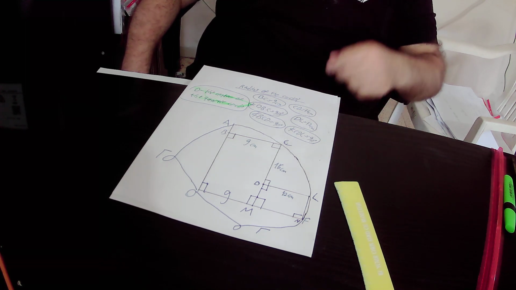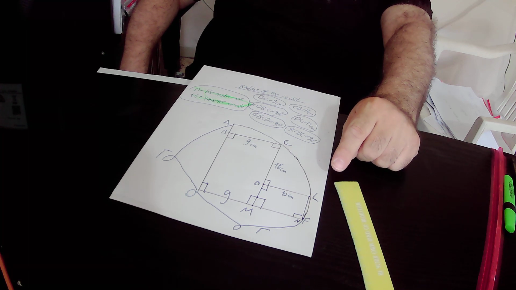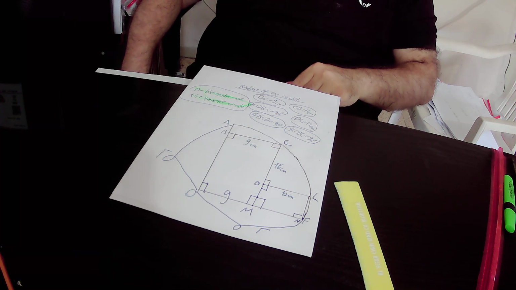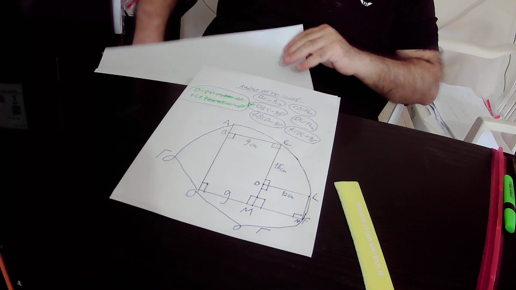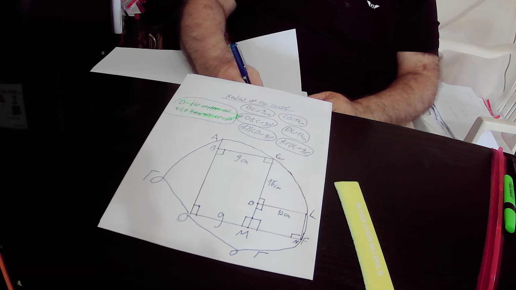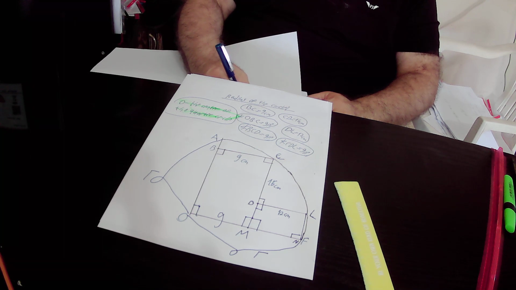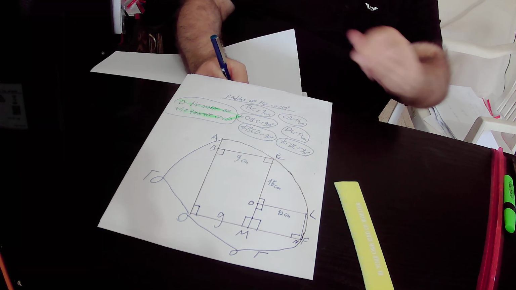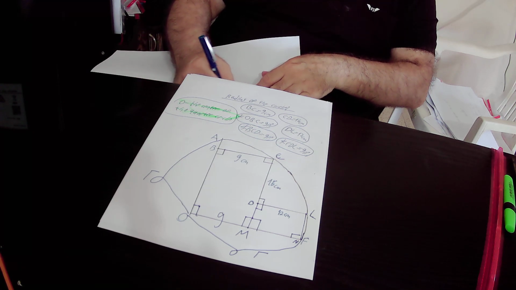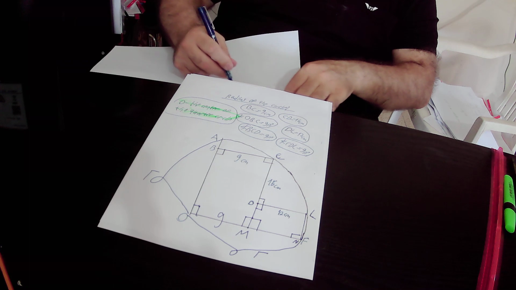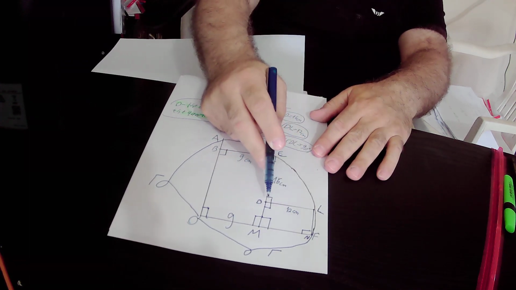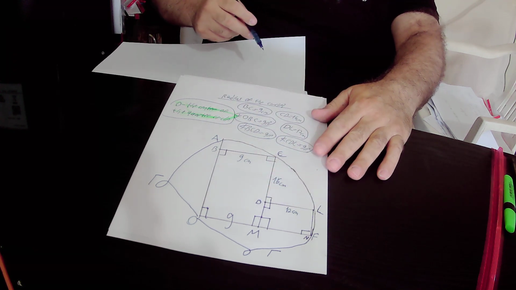So, by doing this construction, we created here quadrilateral LDMN. Inside quadrilateral LDMN, we have 1, 2, 3 right angles.